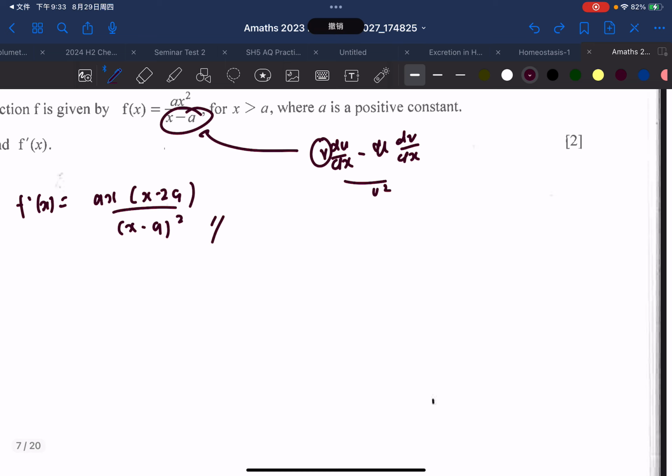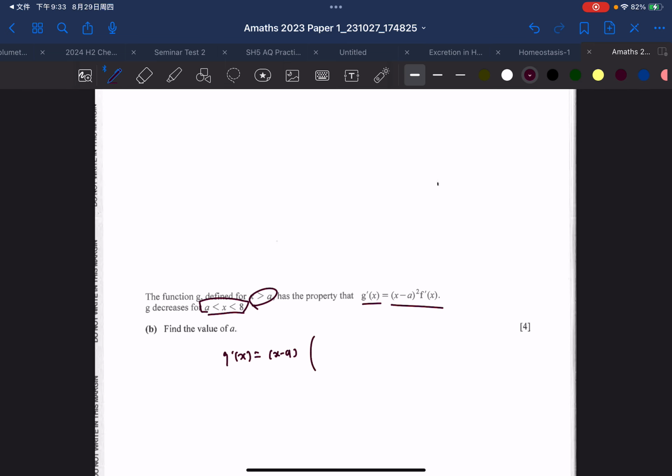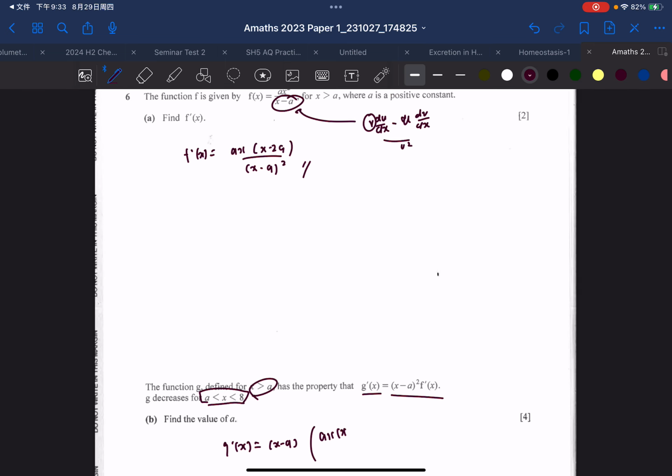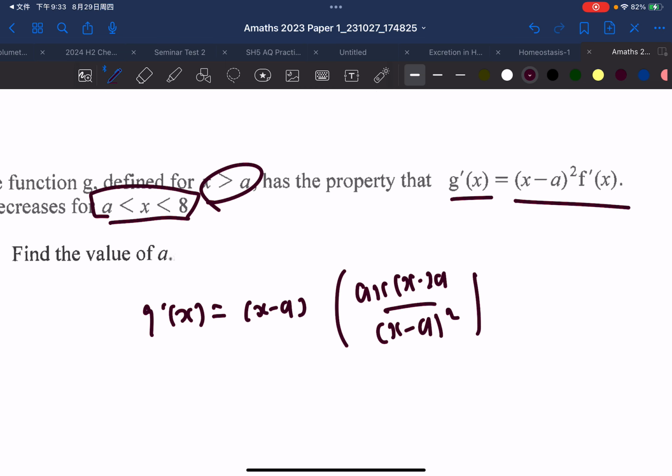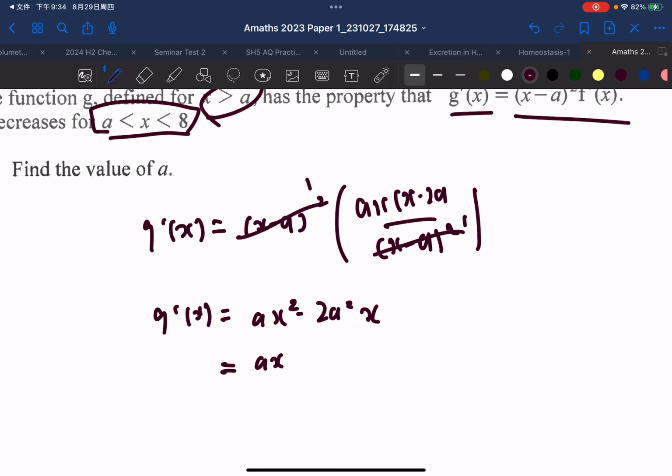If we rewrite it, this is what we will get. And we cancel, we will get this. And yeah, this is basically it.